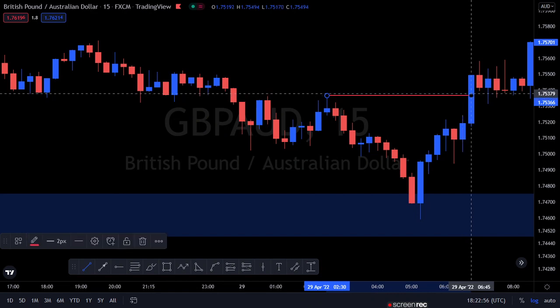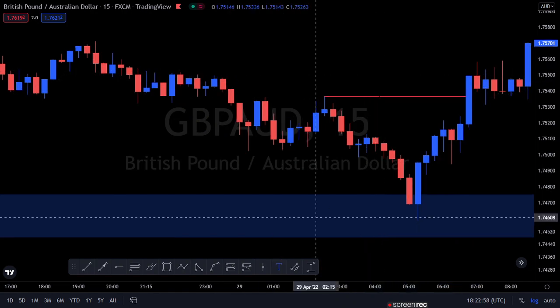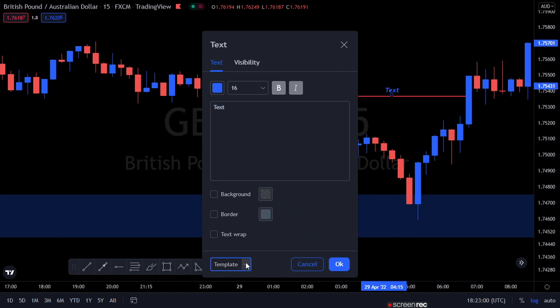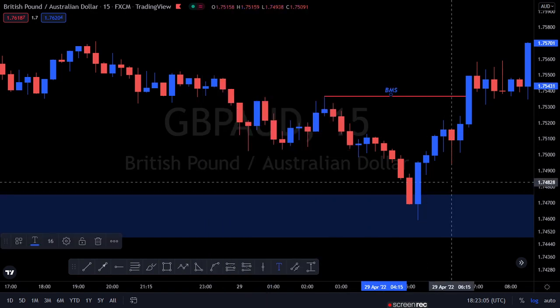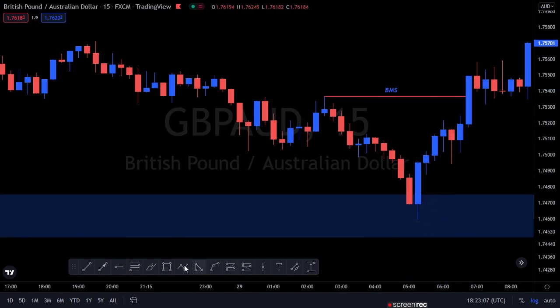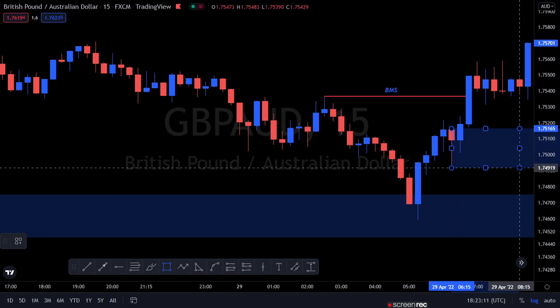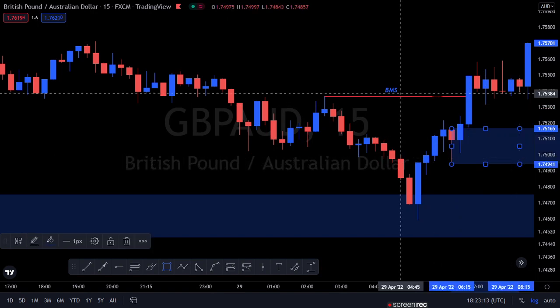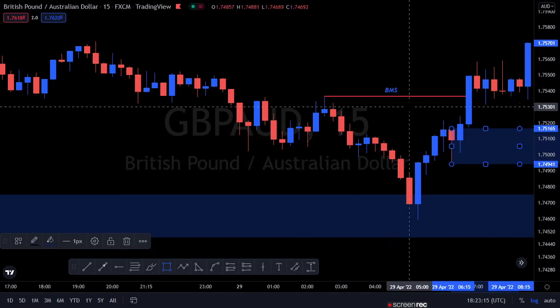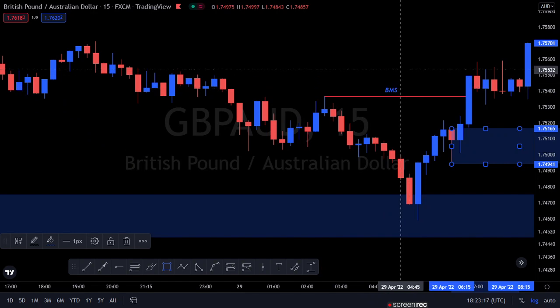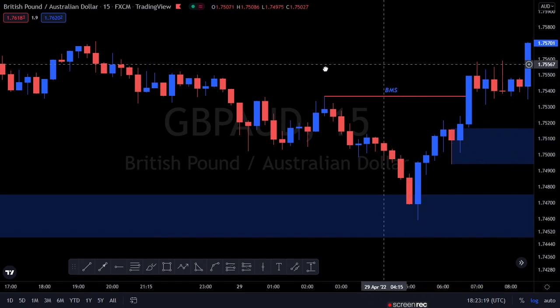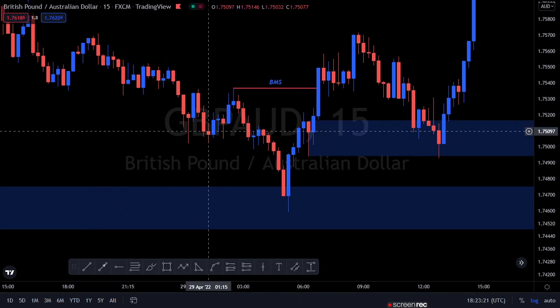That's a confirmation for us to know that indeed the market is going to go up. So now we had a bearish last candle that caused this break of market structure, so it becomes our bullish order block, 15 minutes POI.